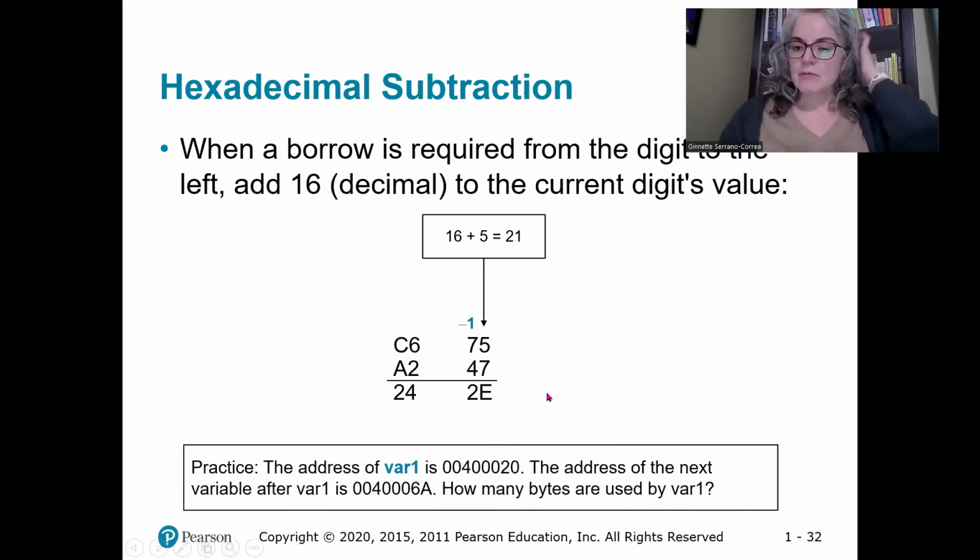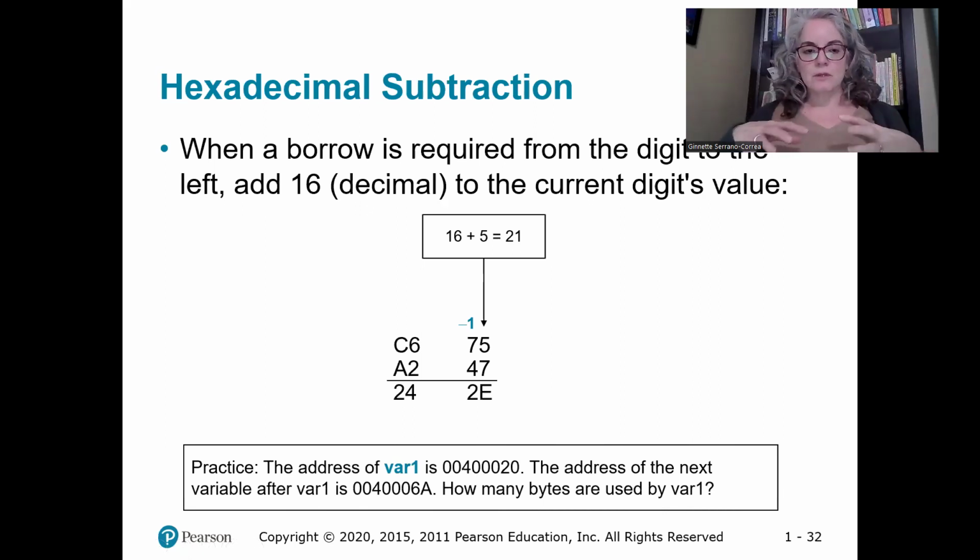So here's an example of how we would use hexadecimal subtraction when we're looking at the address of 2 variables. So the question is, if the address of variable 1 is this, the address of the next variable after var1 is this, how many bytes are used by var1? So here's what they're saying. You've got this variable 1, and it takes this much space.